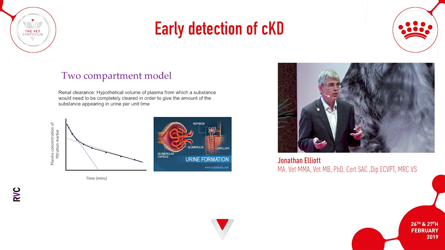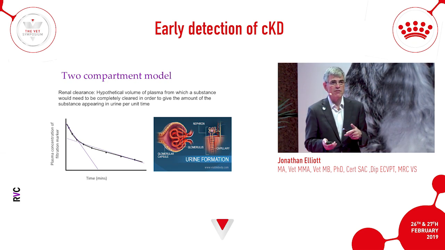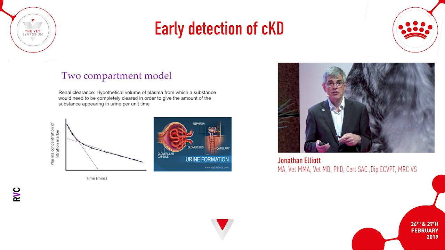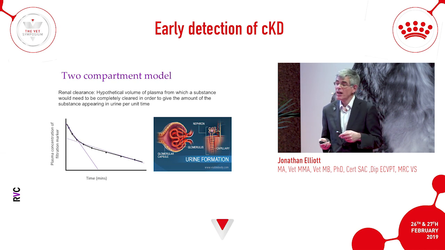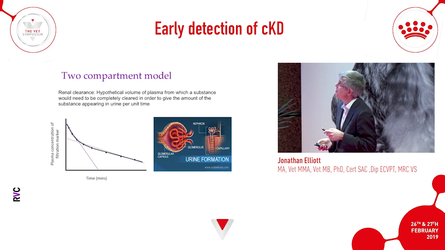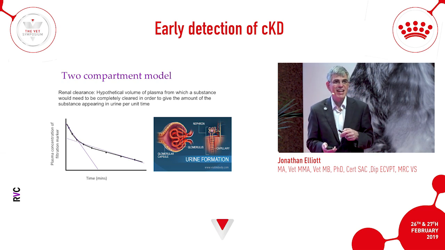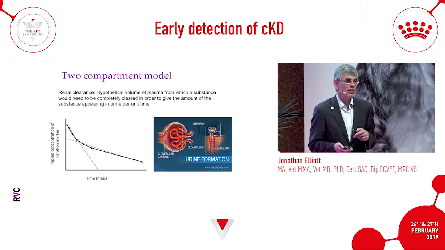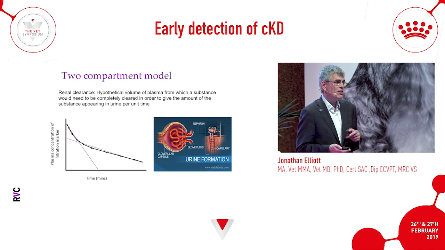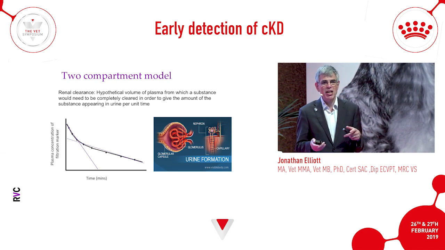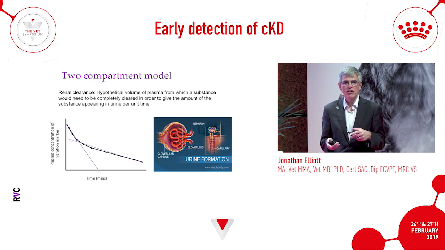So the classical clearance method is the dose divided by the area under the curve equals the clearance of the substance from the plasma. And what that area that's missing represents is negligible in a cat that has established azotemic kidney disease, because that's the redistribution phase when you inject the iohexol intravenously.